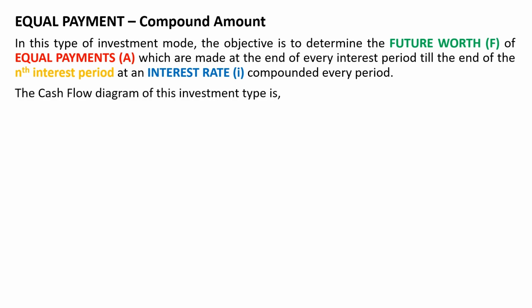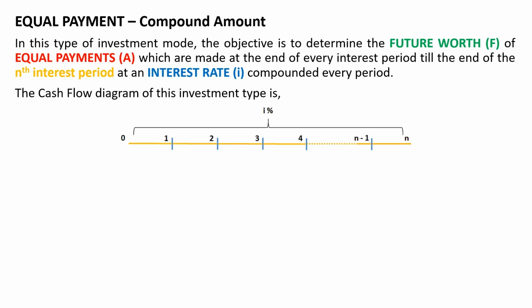The cash flow diagram of this investment type is: you have a timeline, you have an equal payment at the end of every interest period. This payment is also known as annuity.